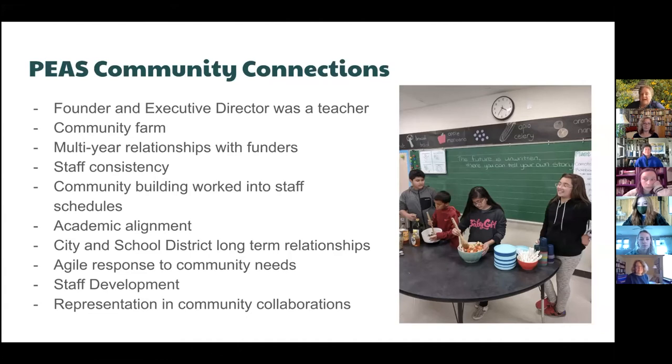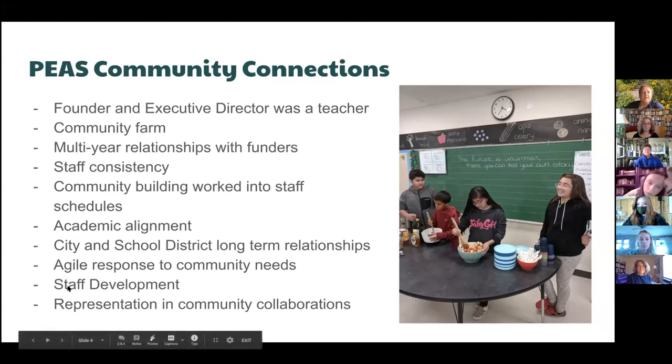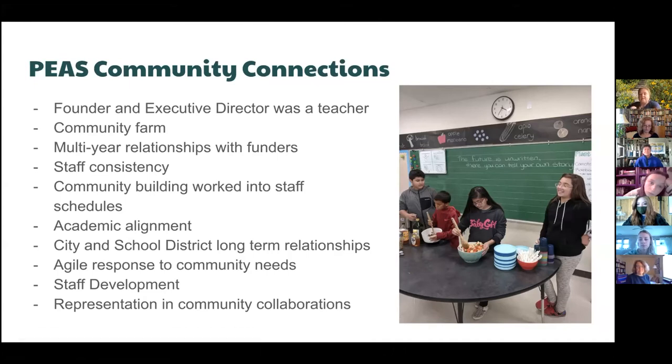They're able to be agile to the community's needs, which I think any surviving school garden support organization has proven, especially with COVID. And they invest in staff development, professional development. They have budget line items set aside specifically for that, and then make sure that they're represented in community collaborations.